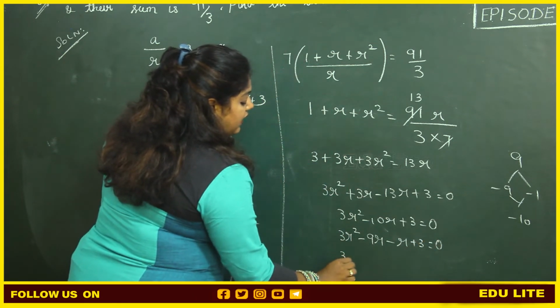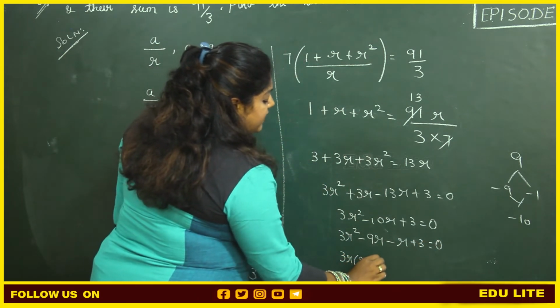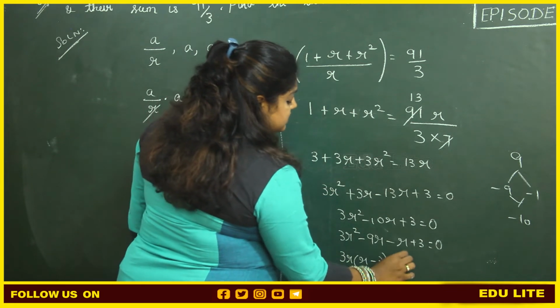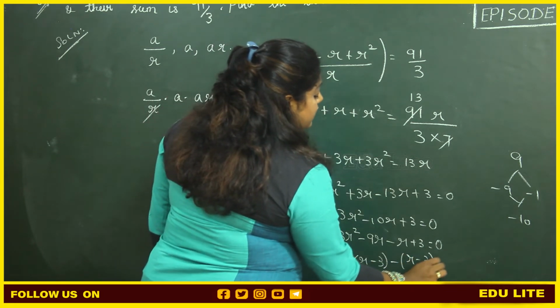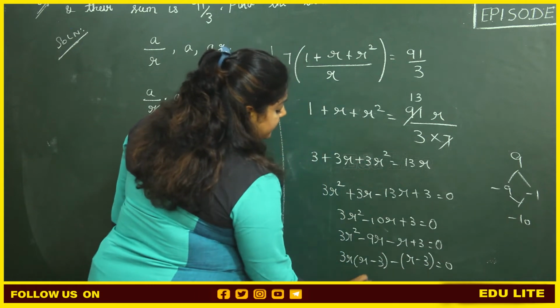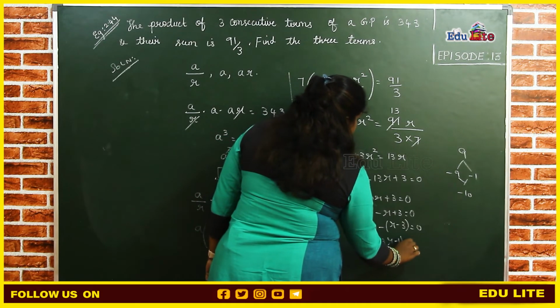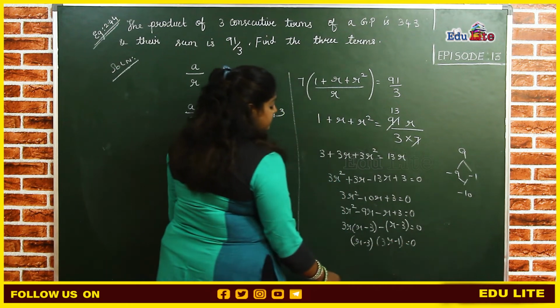Taking 3r common in this, the remaining will be r minus 3, and in the next two terms I am taking only minus outside, so I will get r minus 3. Now r minus 3 is common, so r minus 3 and 3r minus 1 is equal to 0. We have to simplify this.